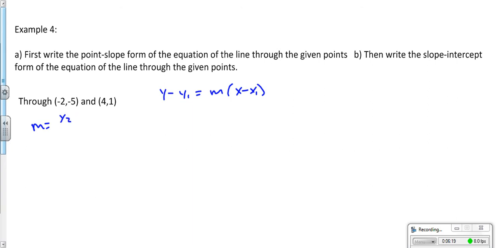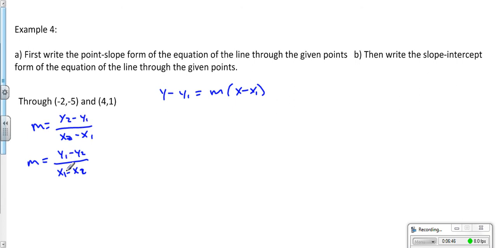which is y2 minus y1 over x2 minus x1. Now if you've heard me before, I usually go y1 minus y2 and x1 minus x2. Notice they are different, but they give you the same results. As long as your top and bottom are in the same order, you're fine.